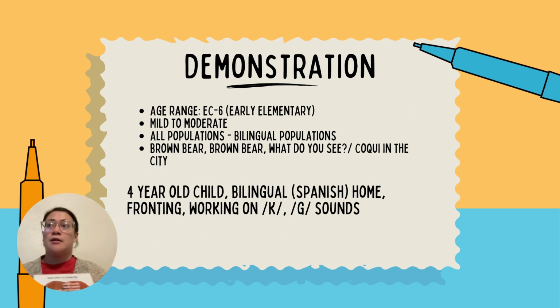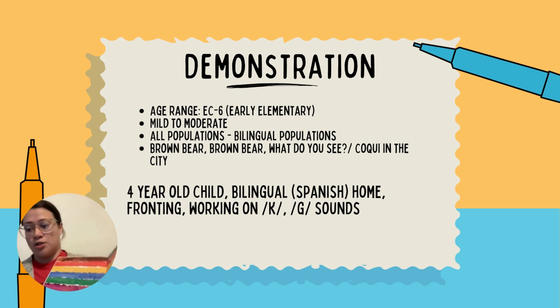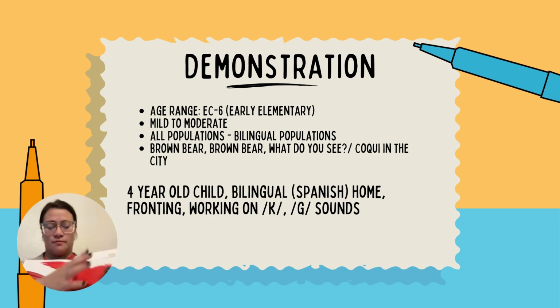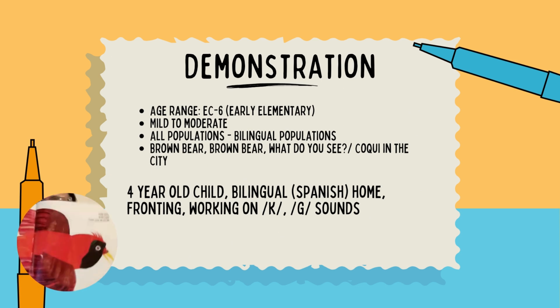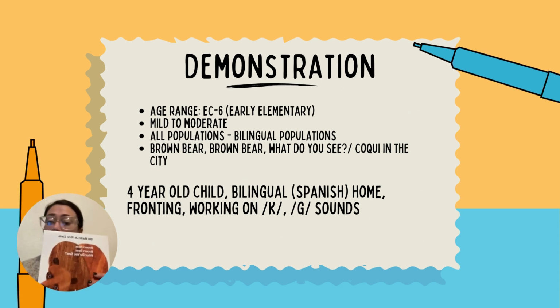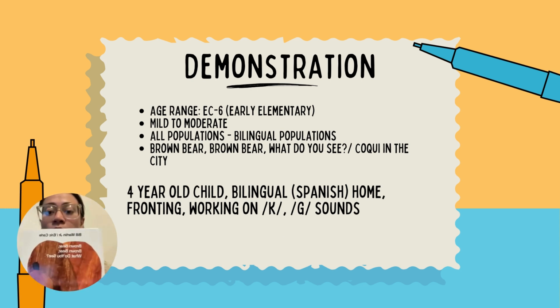I think that this activity of describing, reading, or creating our own stories can be done with all populations, but in my presentation, I'm going to be focusing specifically on bilingual populations.